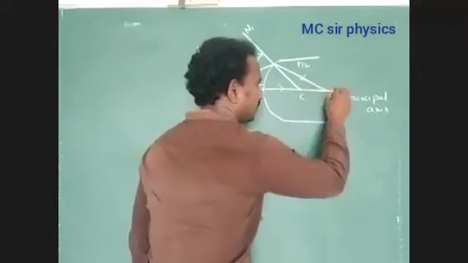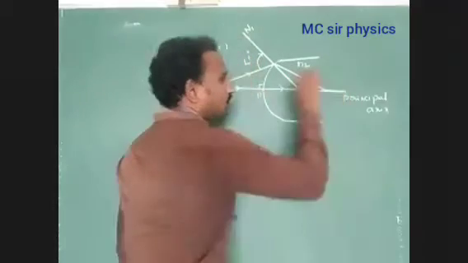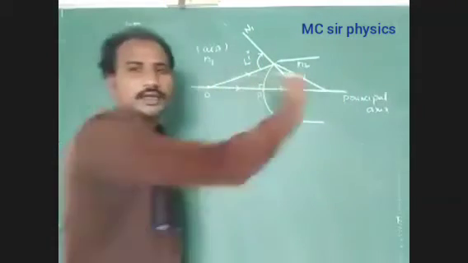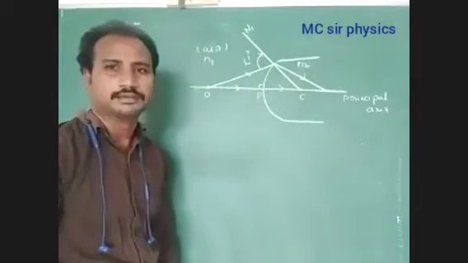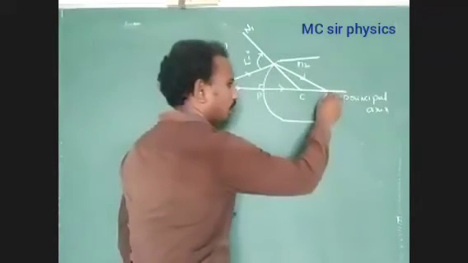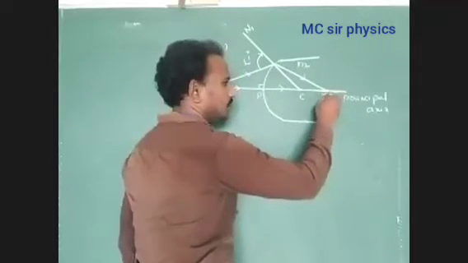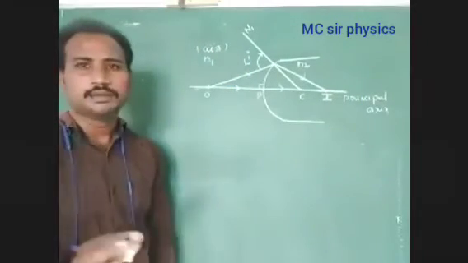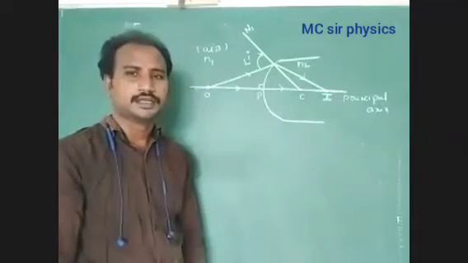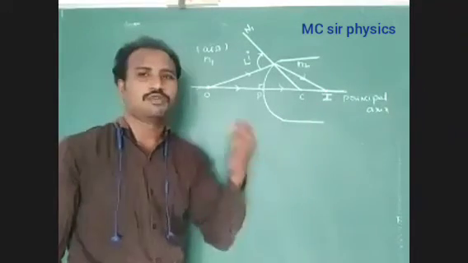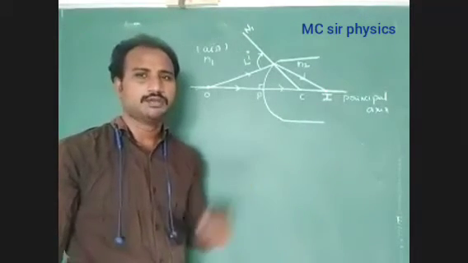These two refracted rays intersect at one common point inside the optical medium. This intersection point is the image formation point. This image is a virtual image.